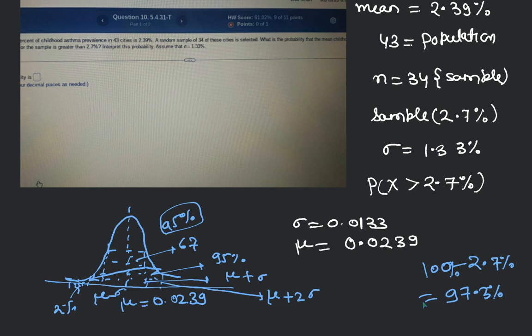So the probability that the sample mean is greater than 2.7% is basically 97.3%.